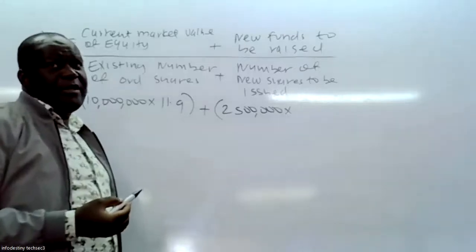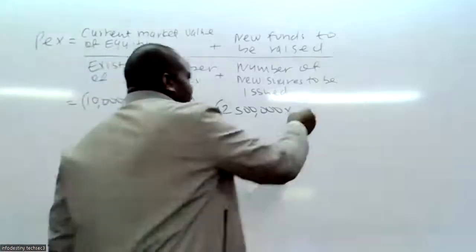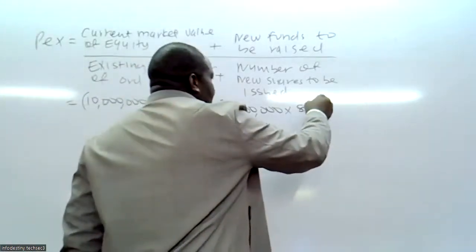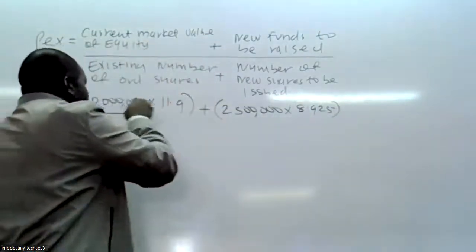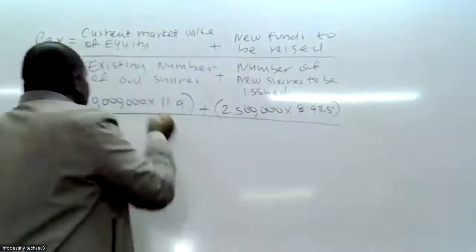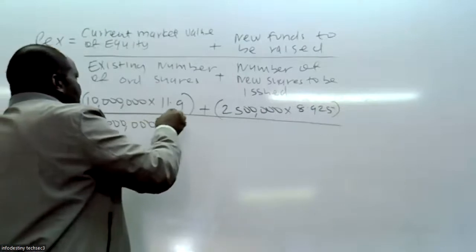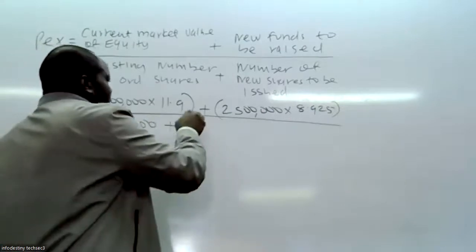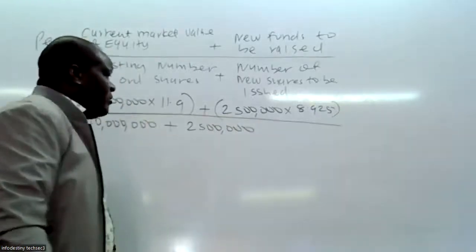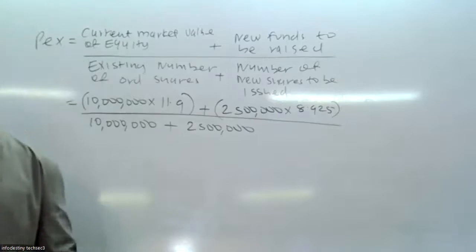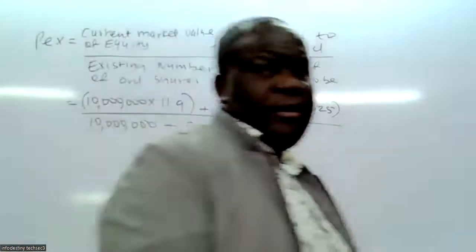We also calculated the offer price: 8.925. Then we divide by the existing number of the ordinary shares, 10 million, plus the new shares to be issued, 2.5 million. So when you compute, you come up with the theoretical ex-right price.